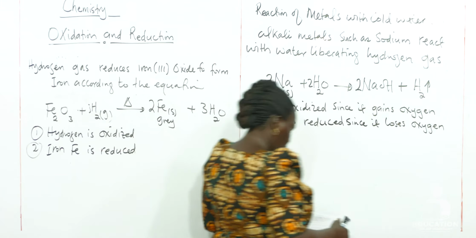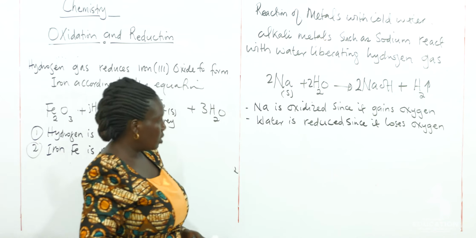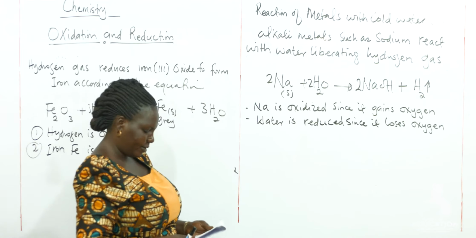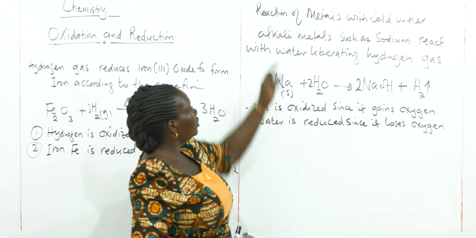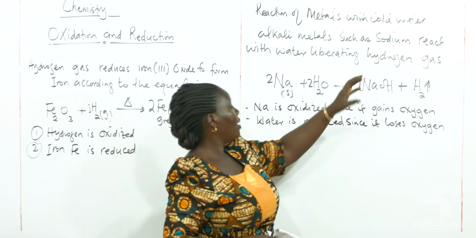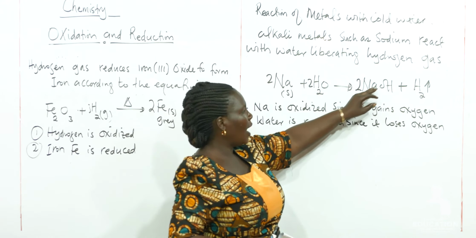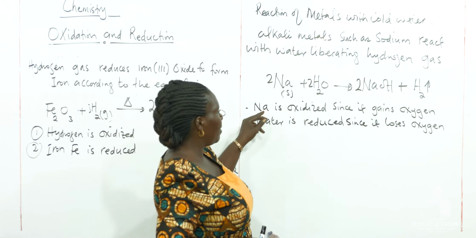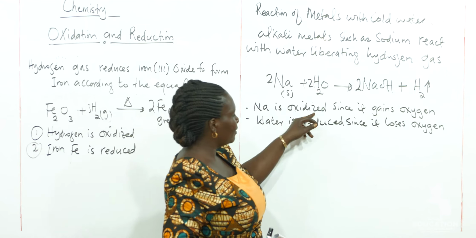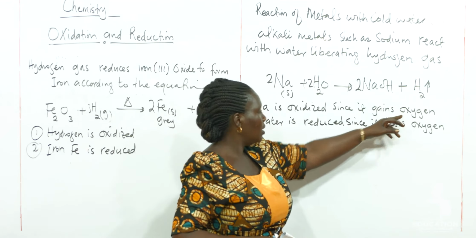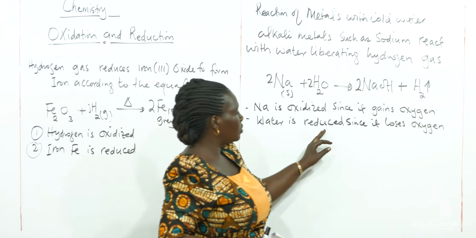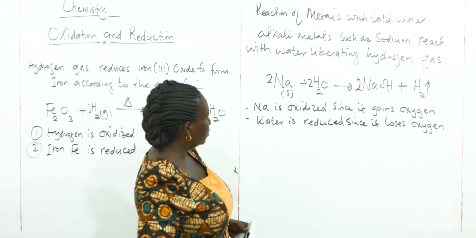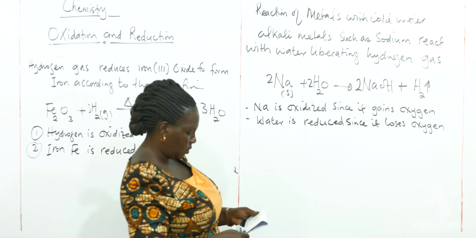Reactions of metals with cold water give us a base and hydrogen gas. In the reaction, the metal is oxidized because of the gaining of oxygen, and water is reduced because it loses oxygen.